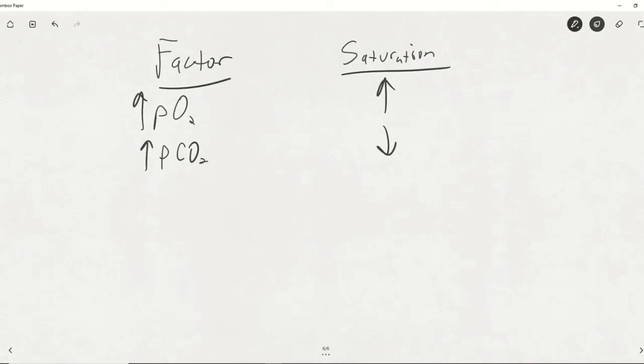Carbon dioxide will bind to hemoglobin easier than oxygen will. So the more carbon dioxide is available, it will outcompete oxygen. Carbon dioxide will bind to hemoglobin and knock the oxygen off. So the more CO2 there is, the lower the saturation will be.